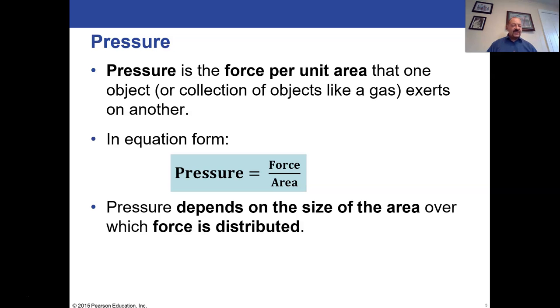So pressure depends not only on how much force you put, but how far that force is distributed. Is it all concentrated in a tiny area, or is it spread out?